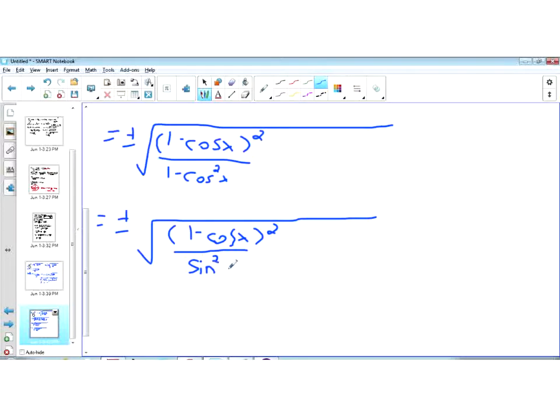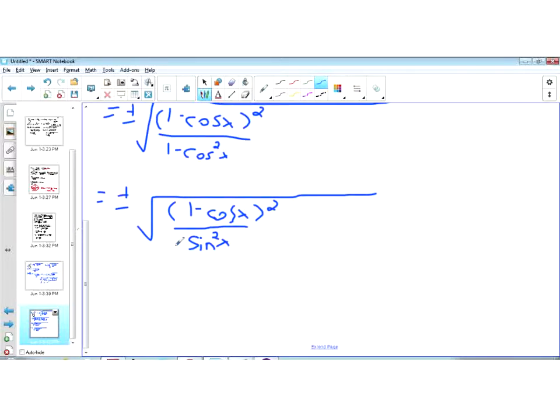Now, when we take the square root of a square, that becomes the absolute value. So that just becomes plus or minus the absolute value of 1 minus cosine x over sine x. So we have that result.